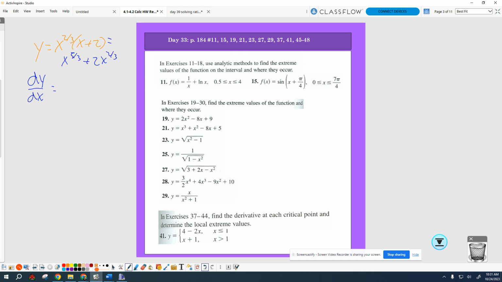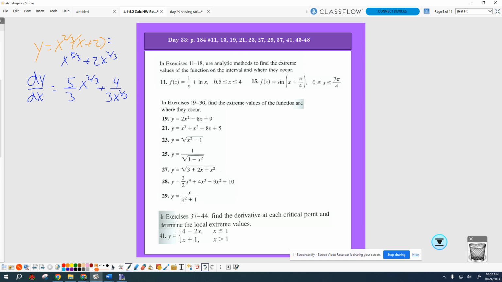Can I multiply it out? Did I do the exponents right? Okay, so multiply by the power, lower the power. Multiply by the power, lower the power. Did I do it right? No, it's kind of a bad day.